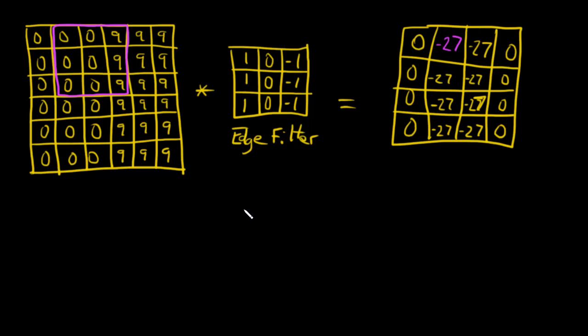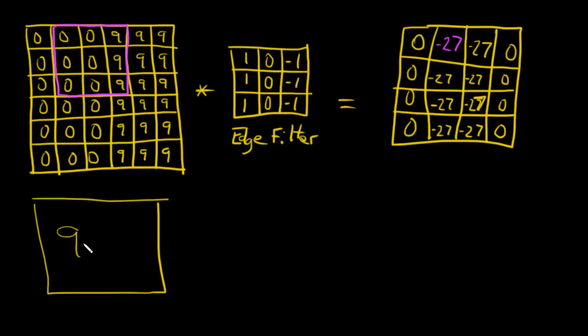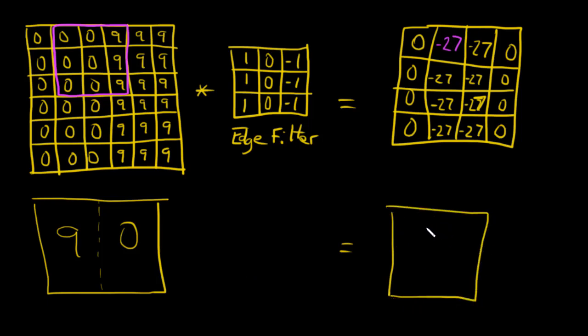Well, initially in the time before, I had my 6x6, and I had all the values on this side were 9s, and on this side were 0s. So I was basically transitioning from white pixels to black pixels, and my matrix was again a 4x4, but it was zeros, positive 27 zeros all the way down.